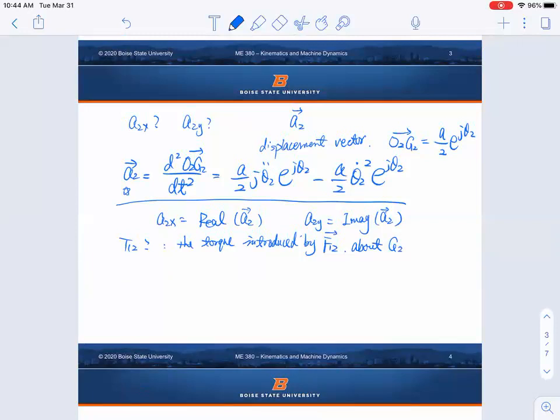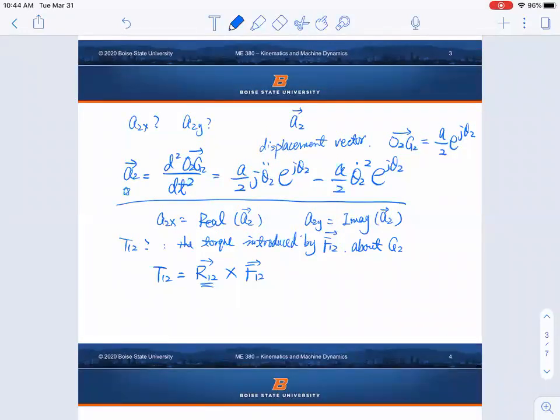Okay, so by definition, if you go back to lecture 14, T12 can be calculated as a cross product of the position vector R12 and your force vector F12. So what is this R12?